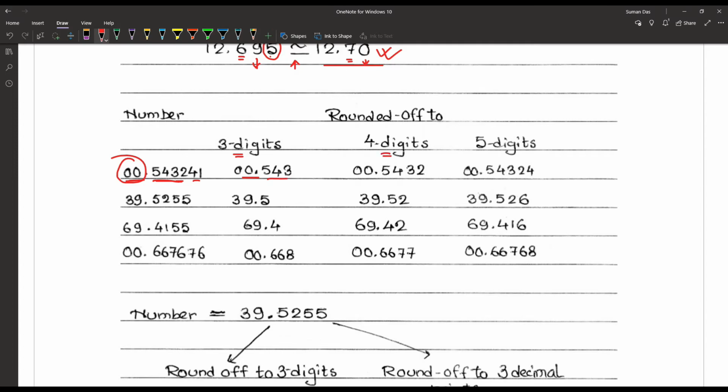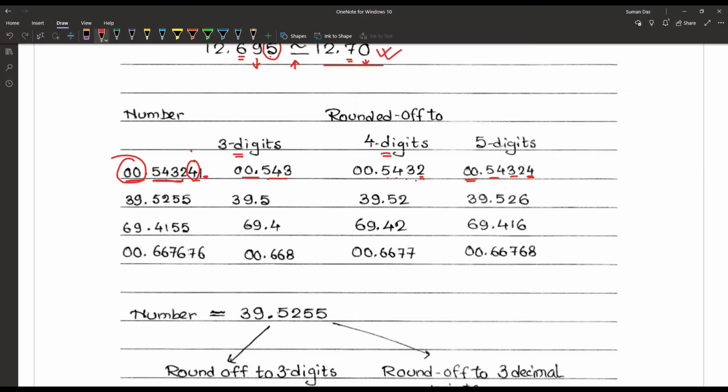After 4 digits, that means 0.5432, the next digit is 4, that is less than 5. So there is no change, 0.5432. And up to 5 digits, once again the next is 1, less than 5. So we proceed and get the approximate number 00.54324.